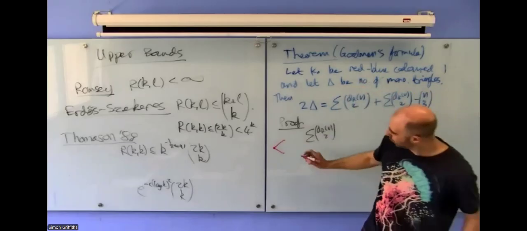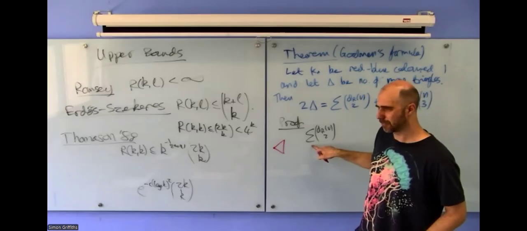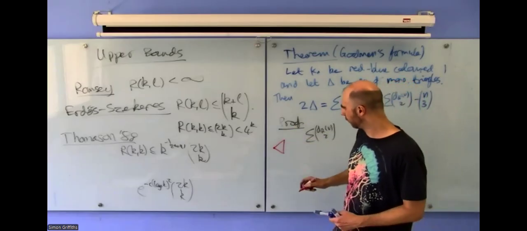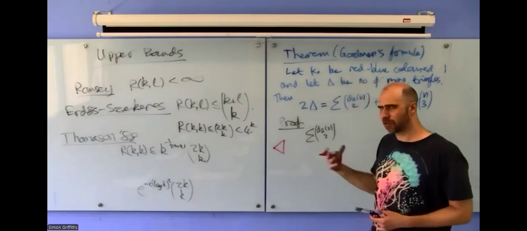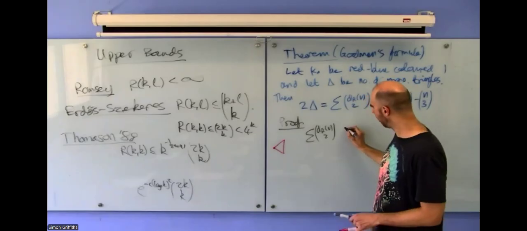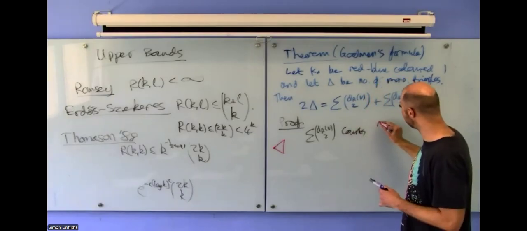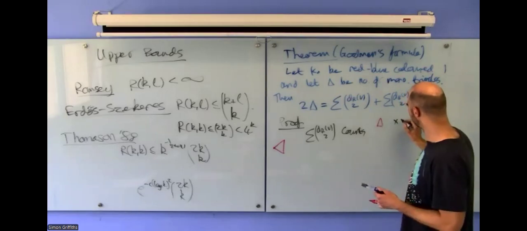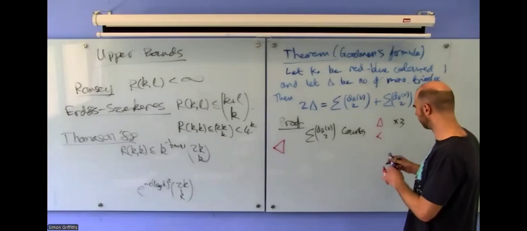If the third edge is red, then you count it 3 times in this sum, because you're counting from the point of view of all 3 vertices. If it's red, red, blue, you only count it once. So this counts red triangles 3 times and red, red, blue once.